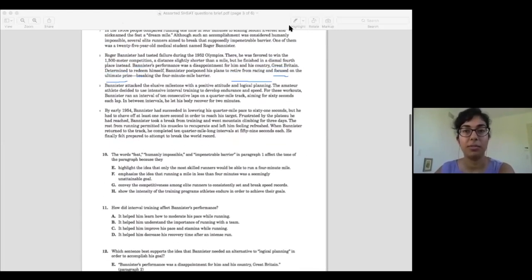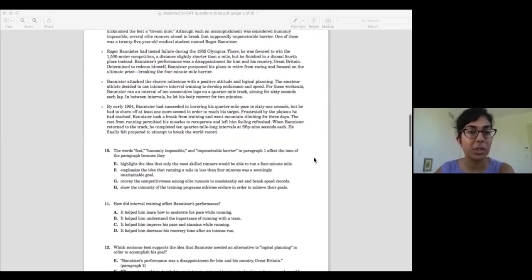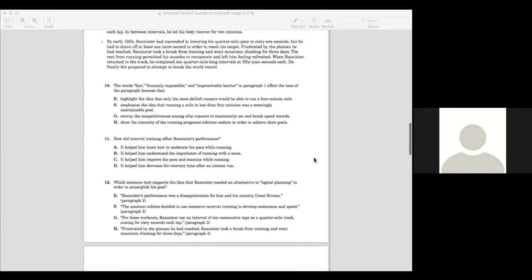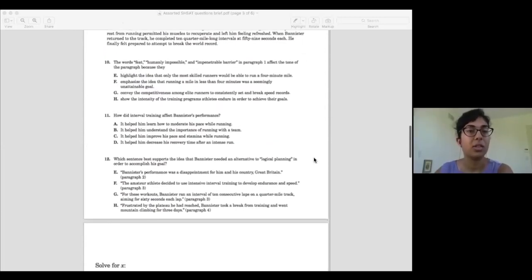So now let's go back to the answer choices at this point and see which answer choice reflects our understanding of the passage where we just zoomed in. So E, these words highlight the idea that only the most skilled runners would be able to run a 4-minute mile.